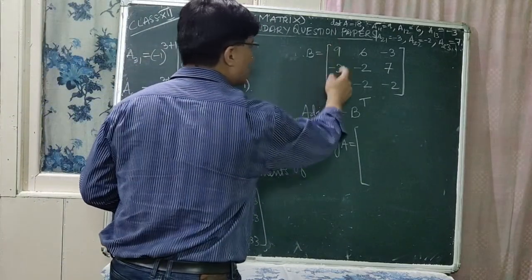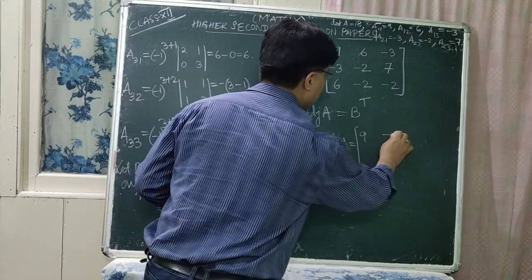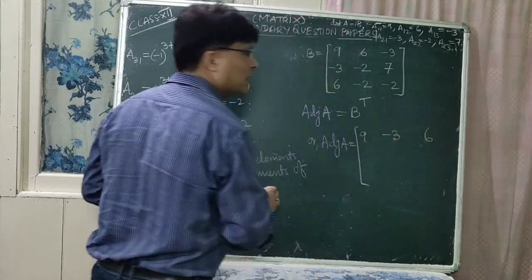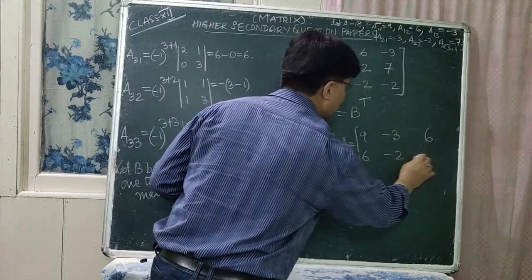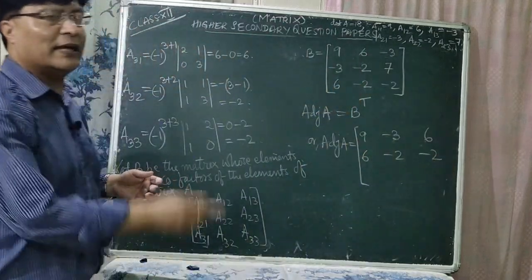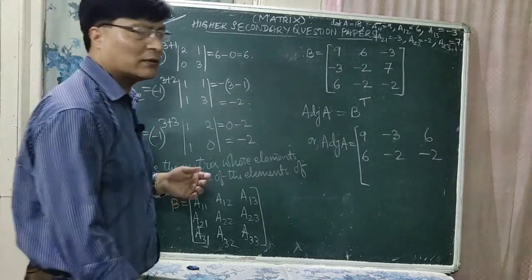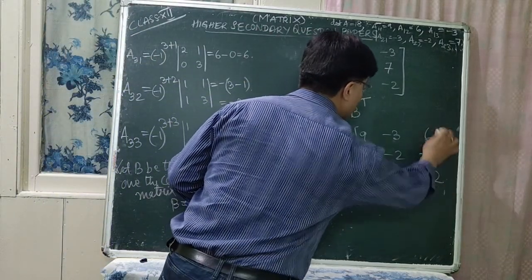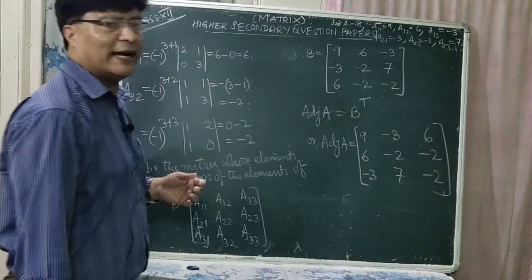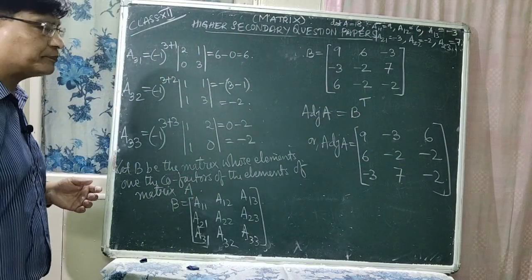That means this first column becomes the first row: 9 minus 3, 6. Next, this second column becomes the second row: 6 minus 2 minus 2. Next, that third column becomes the third row: minus 3, 7, minus 2. So this is your adjoint of A.